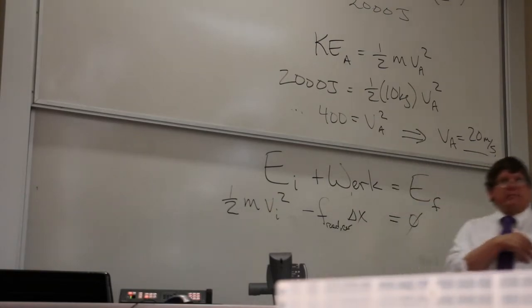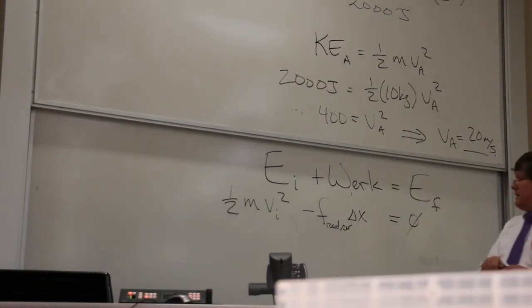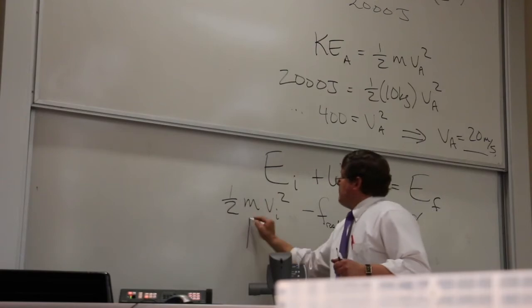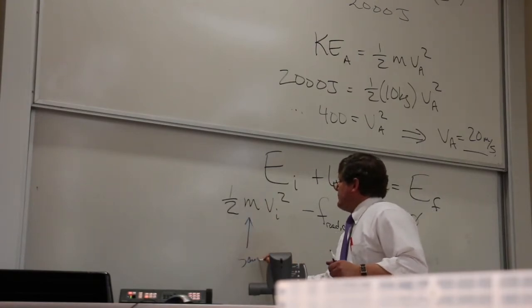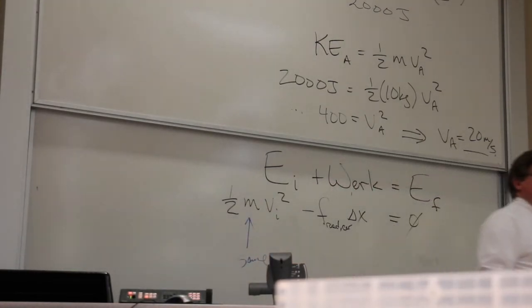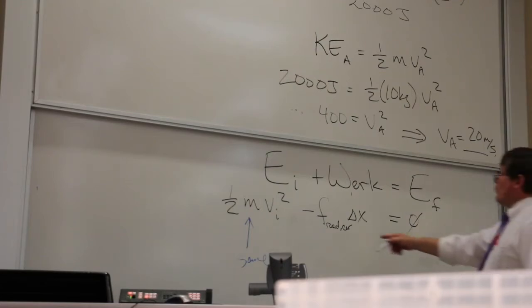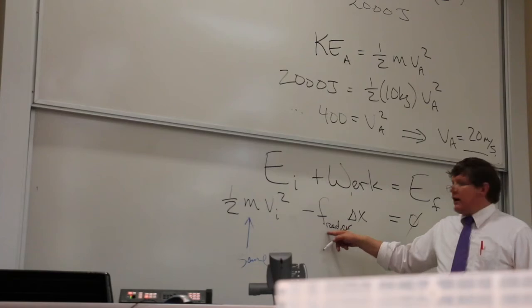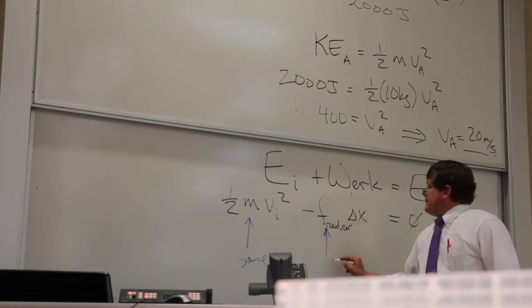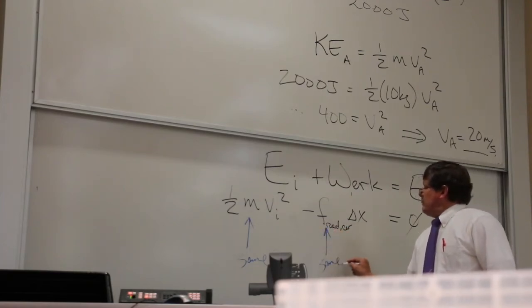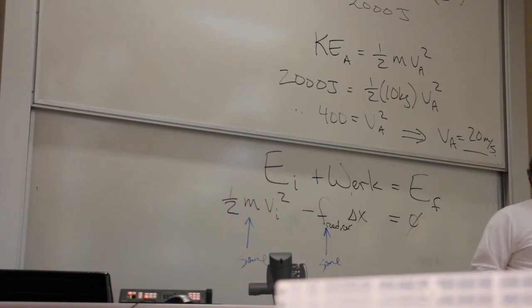I don't know what the mass is, but I know it's the same whether the car's going fast or slow. I don't know what the friction between the road and the car is, but I know it's the same car on the same road.